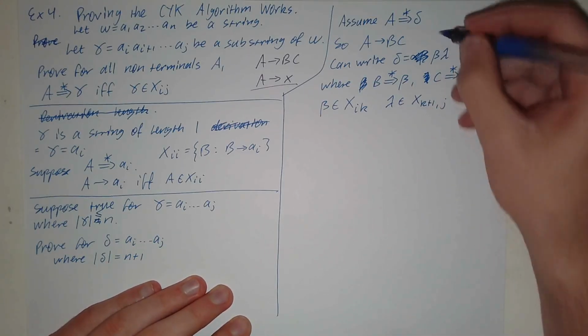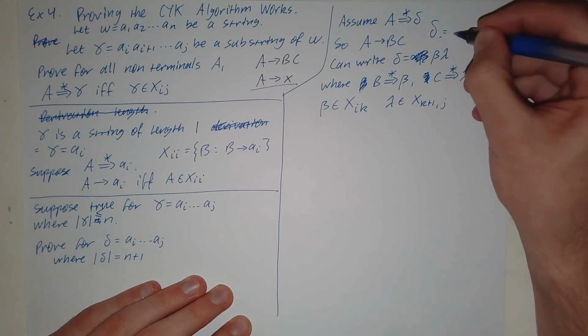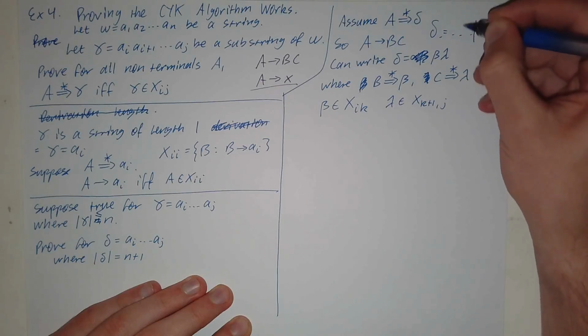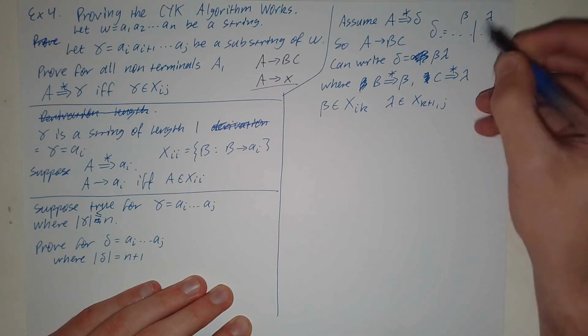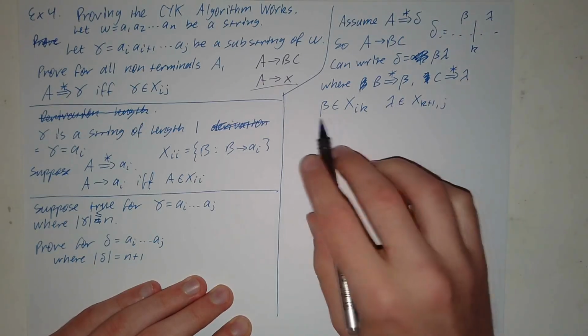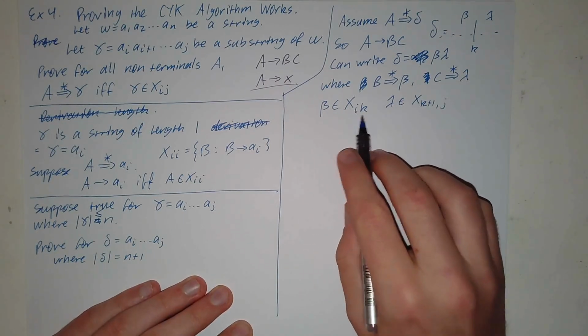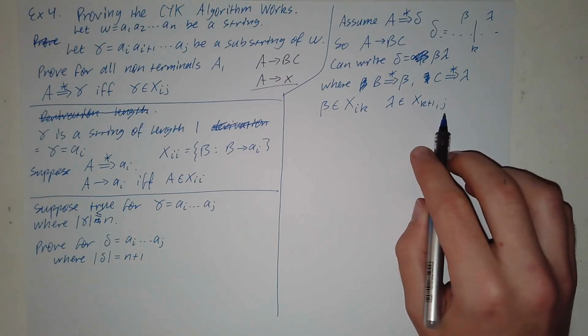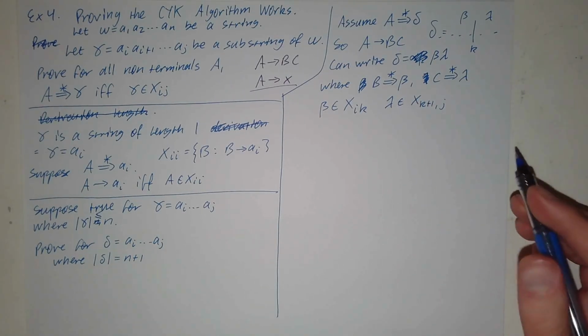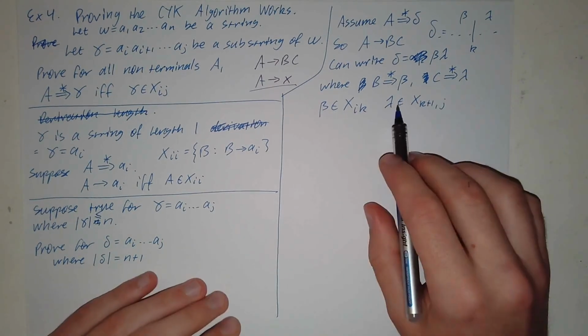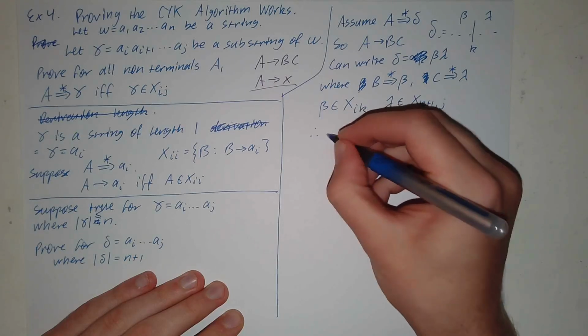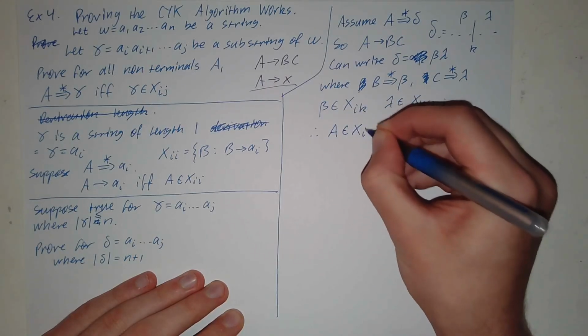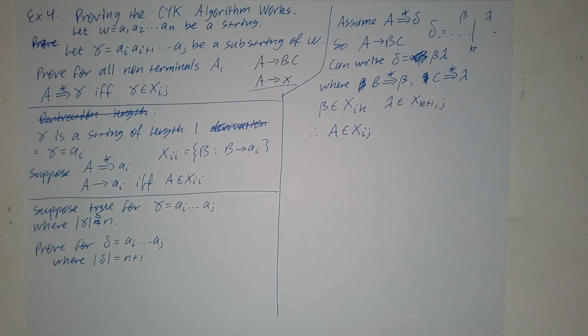So whatever delta is, it's some string, and somewhere we split it into beta and lambda, and that place we split at is k. So beta is in some set X_ik, and lambda is in some set X_{k+1,j}. Then by the definition of X_ij, because there exists a splitting, we must have the case that A is in X_ij. And that just follows from the definition.